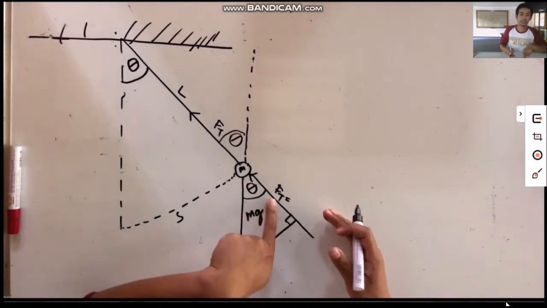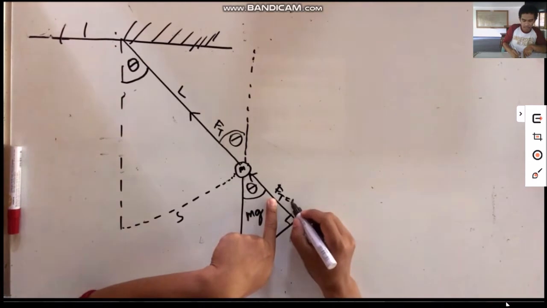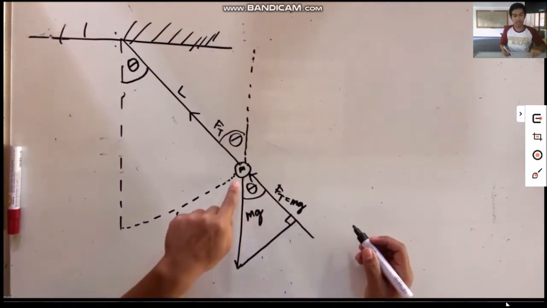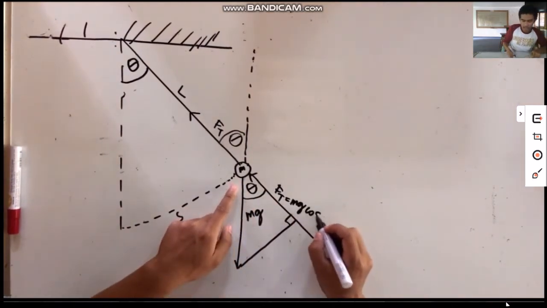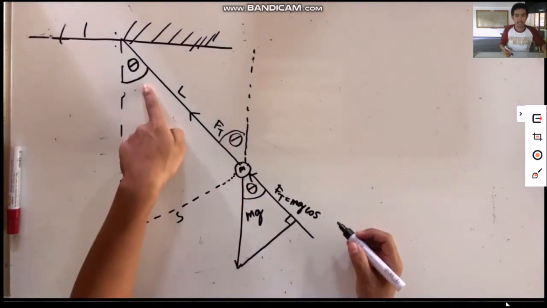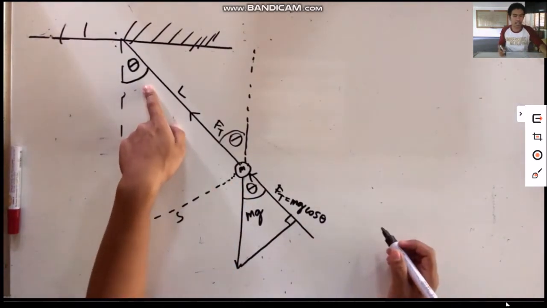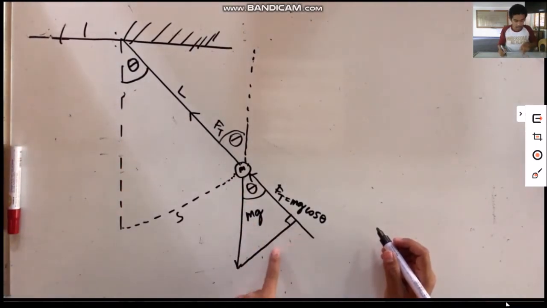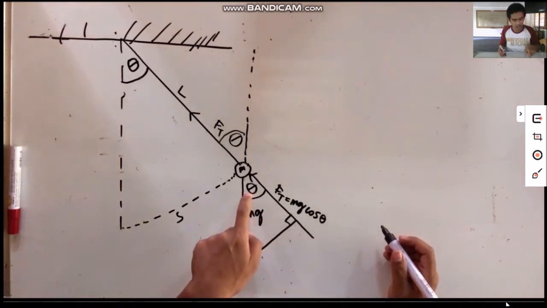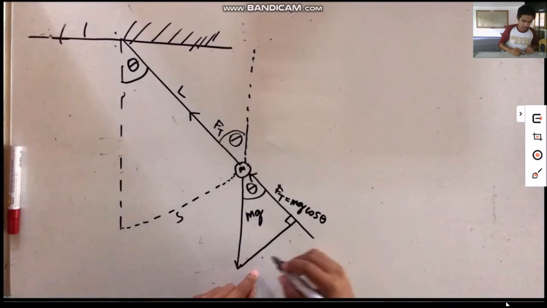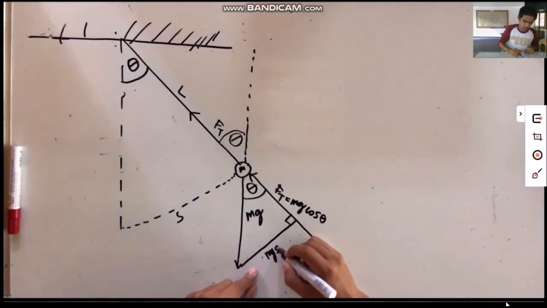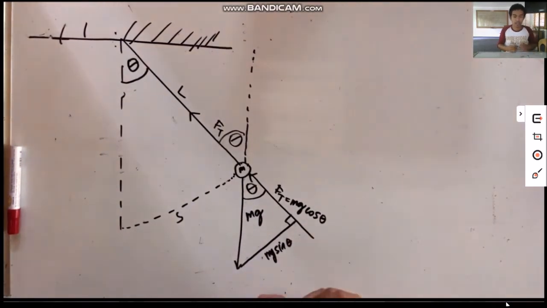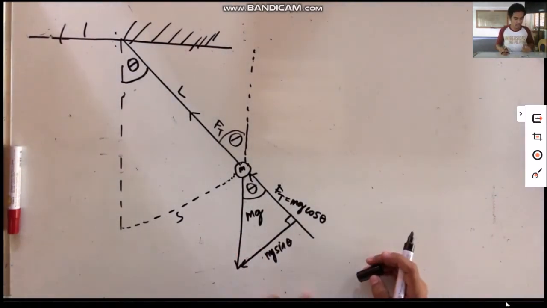So the tension of the string is equivalent to the weight of the bob times the cosine of the angular displacement theta. Right. Next, what is this? This line of the right triangle is opposite to the angle theta. So this is mg sine theta, pointing in that direction.